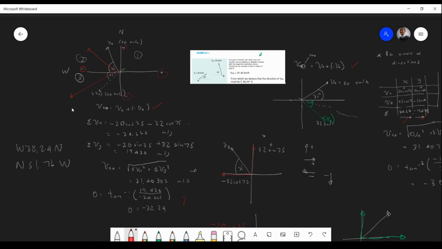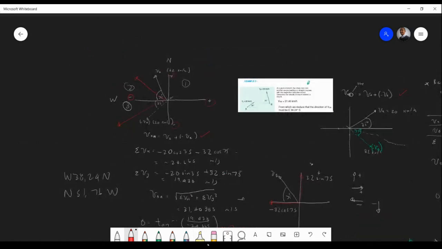The second one is right, because we have the right angle minus the angle that we got from the tangent. But for the first one, we have to take it again. I'm not sure which, but anyway, the point.